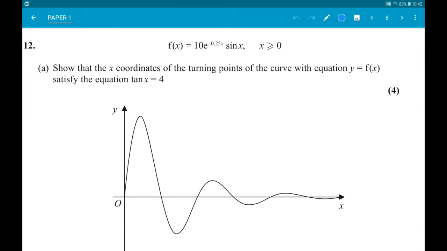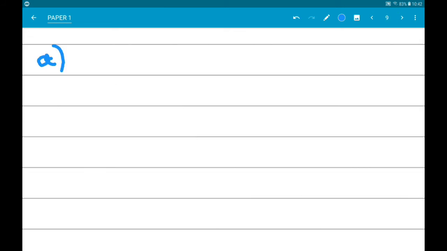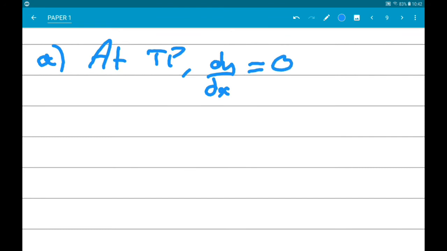Alright, so we should start by saying at turning points dy by dx is 0. Okay, so we need to find dy by dx and set it equal to 0.